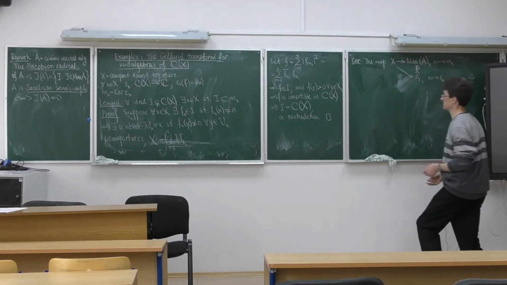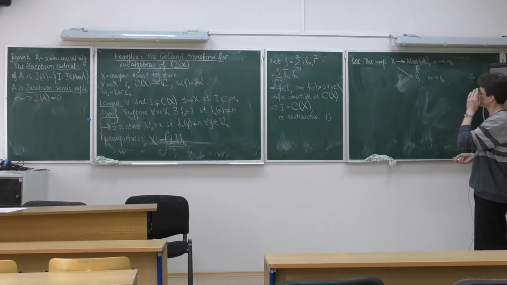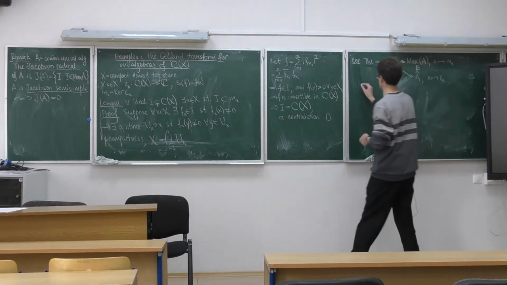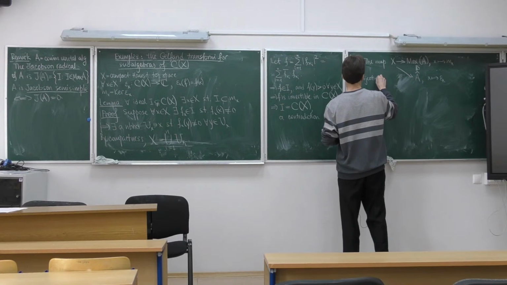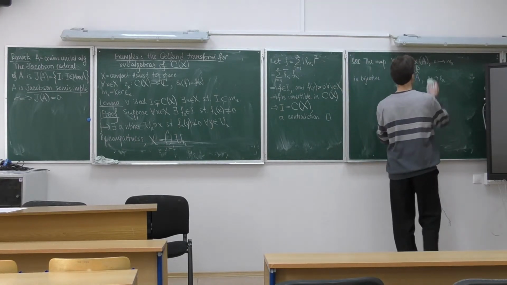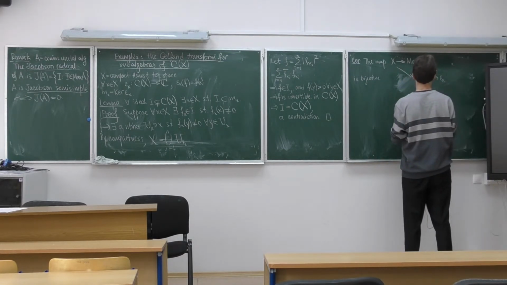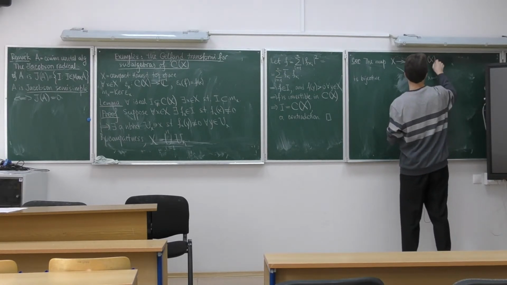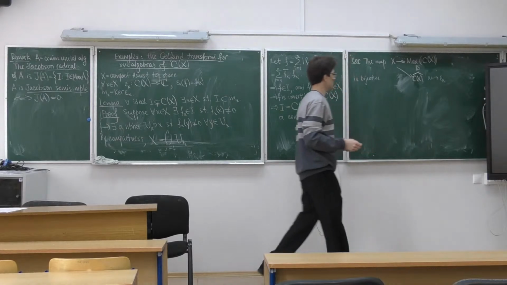Here we use our convention that we identify the maximal spectrum with the character space. So this map is bijective. And here, of course, what is A? A is C(X), the algebra of continuous functions on X. Let's write this explicitly, C(X). So this map is bijective.